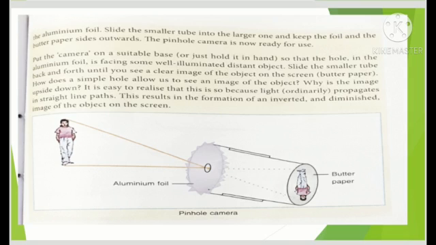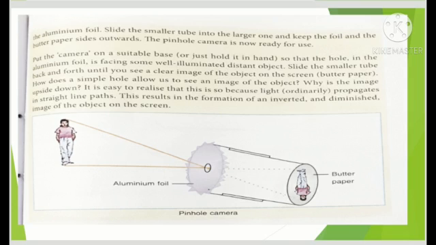Now I'm going to read the text given in activity number 5. Take two cylindrical cardboard tubes, one having a smaller diameter than the other. Cover one of the open sides of the smaller tube with the butter paper. Use an aluminium foil over one of the openings of the larger tube so as to completely cover it.